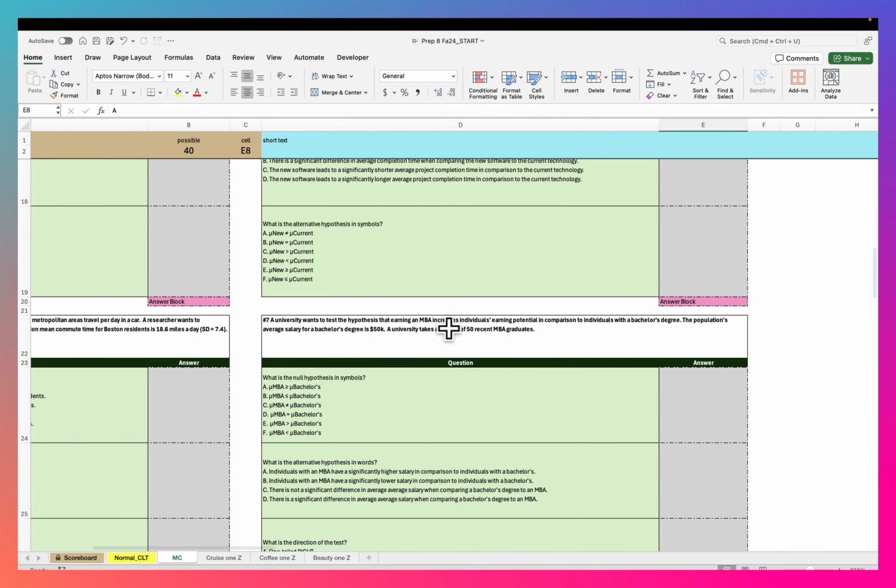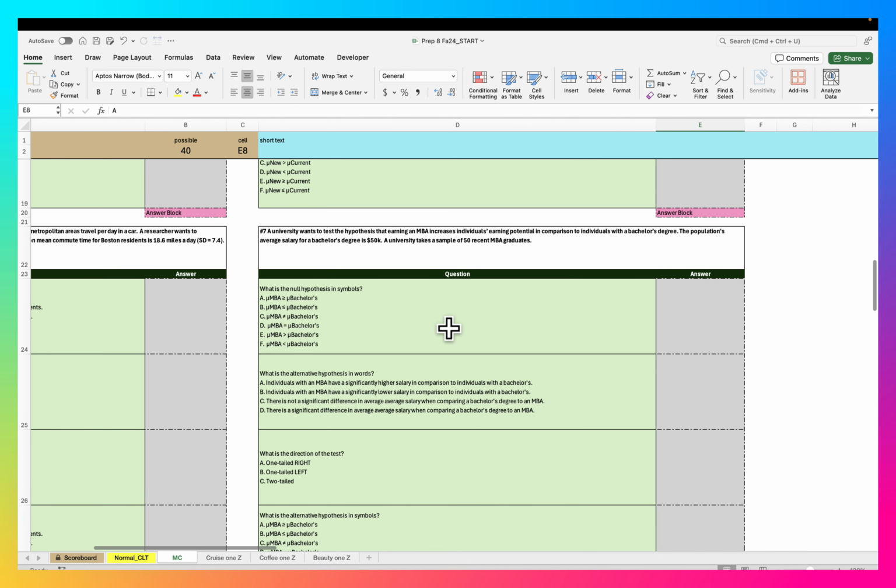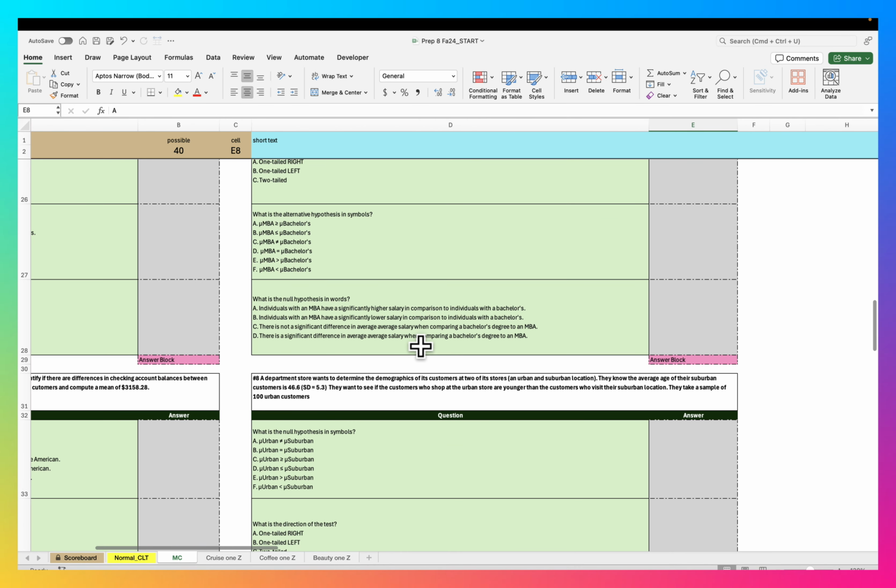Increase sounds like one tail to the right as opposed to one tail to the left for that one. All right, here, department store. If a customer's shop are younger, younger would mean less than, right? Or one tail left.